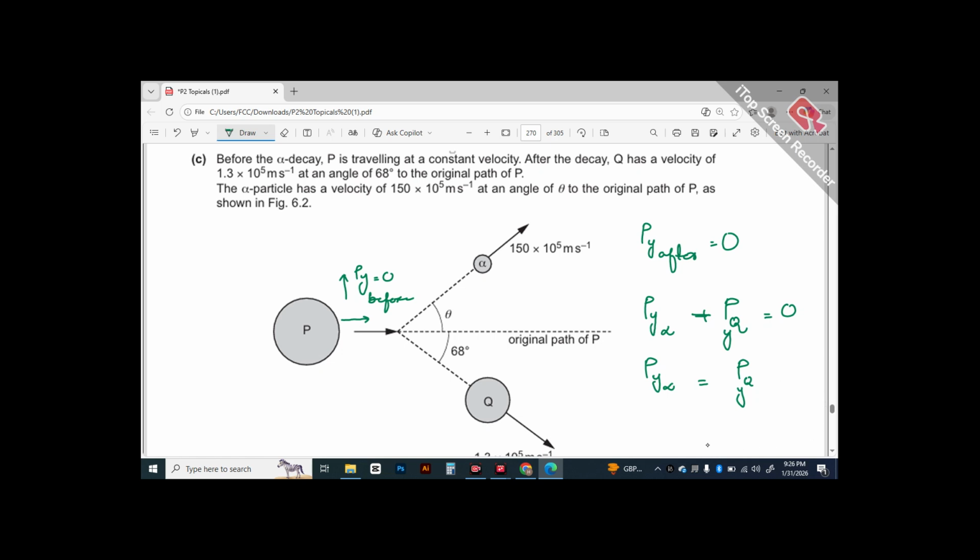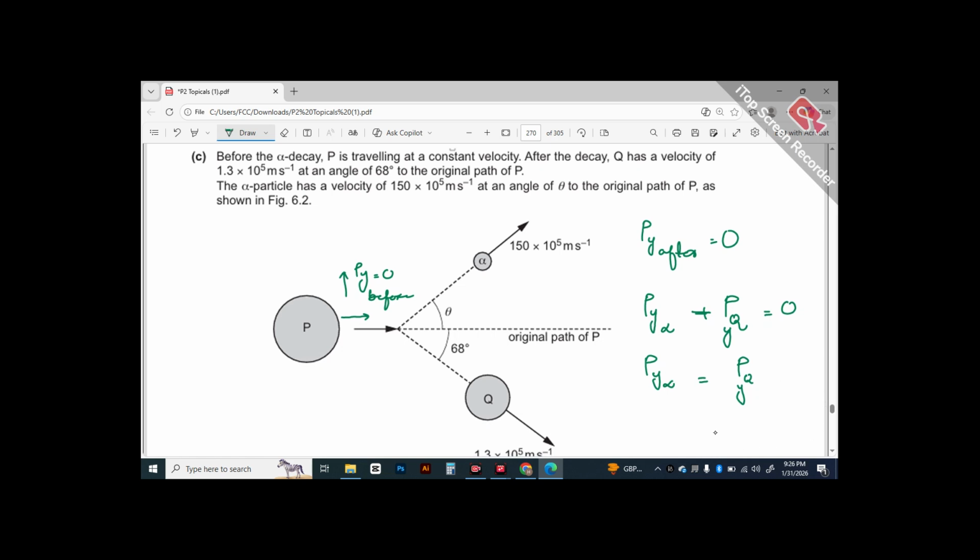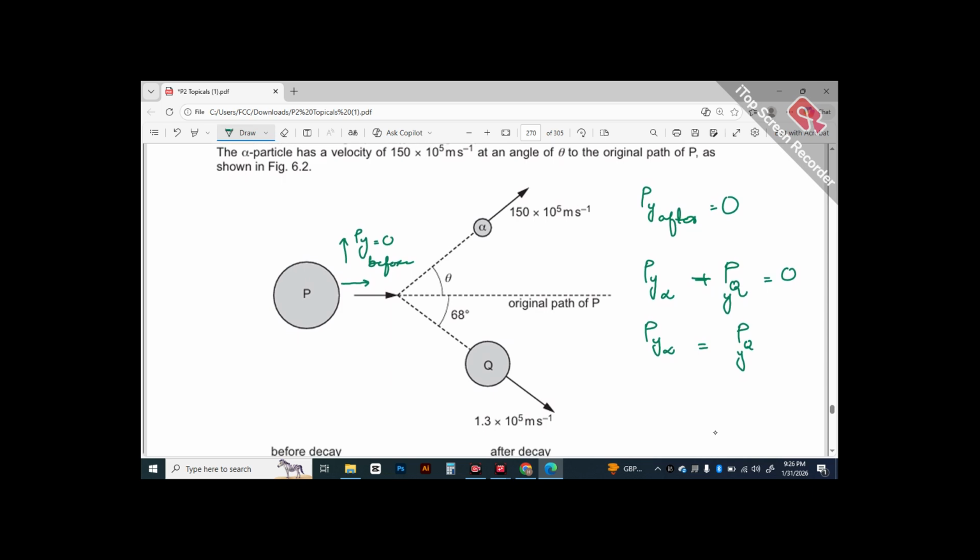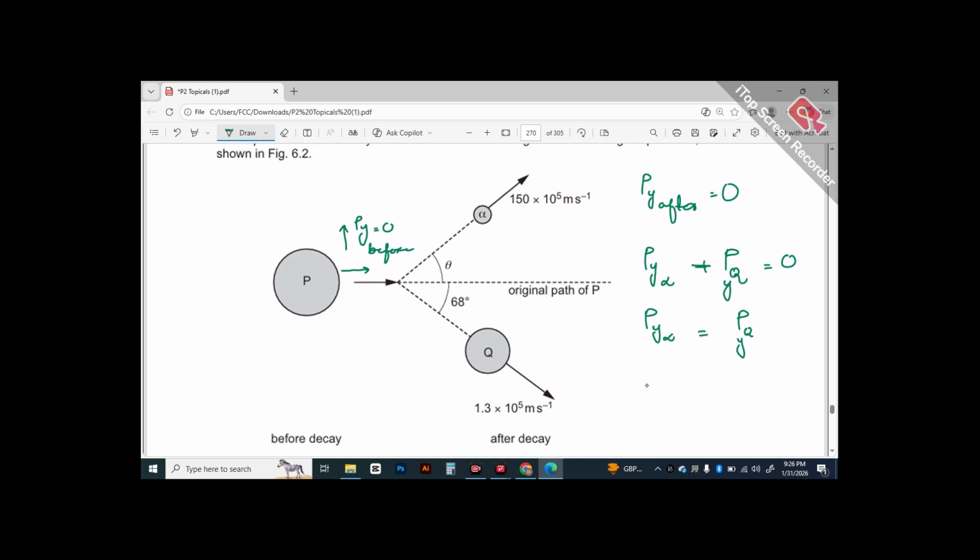Clear? Now we are talking about momentum, so it's nothing but the product of mass and velocity, right? So I should write the mass of alpha times the y component of its velocity, and here the mass of Q times the y component of the velocity of Q. Do we know the mass of the alpha particle?